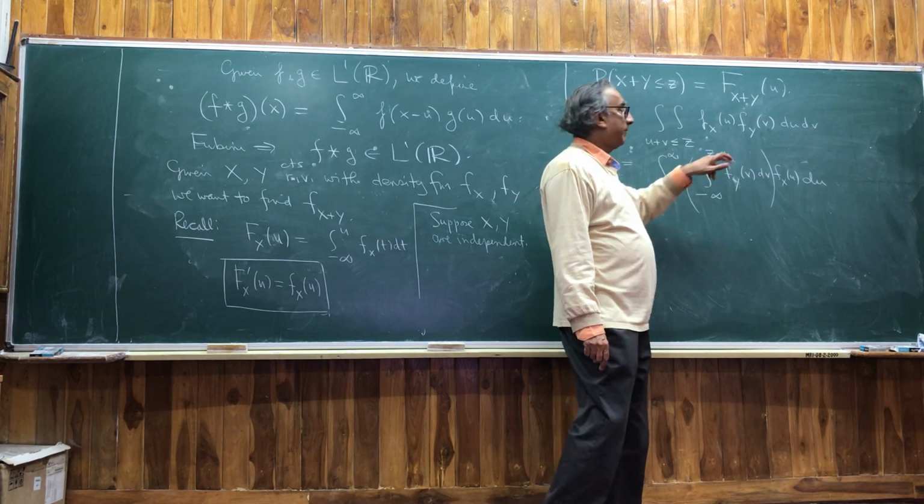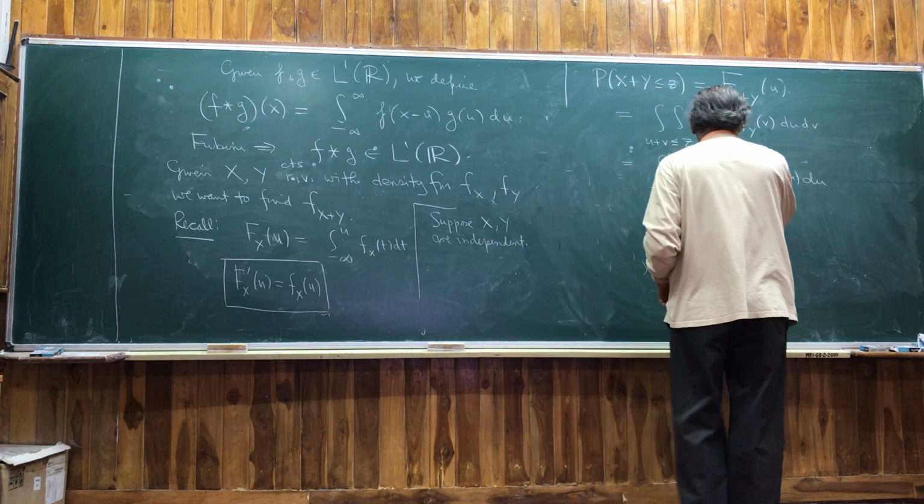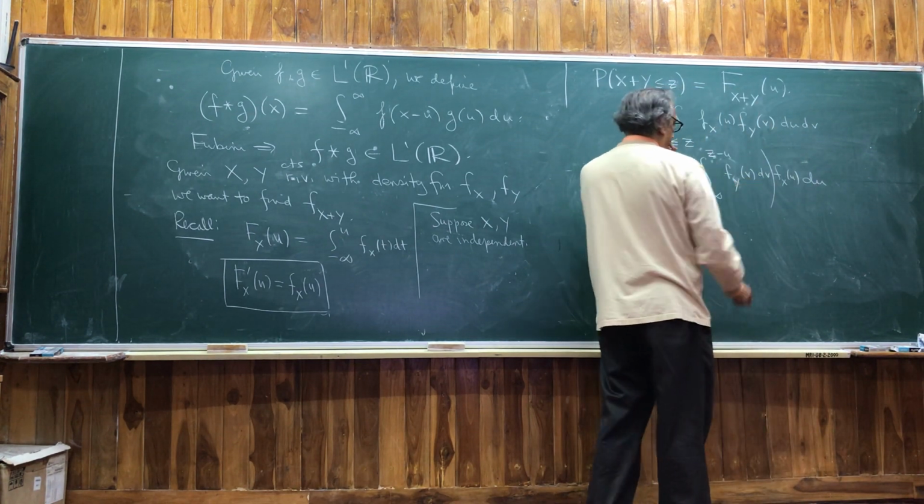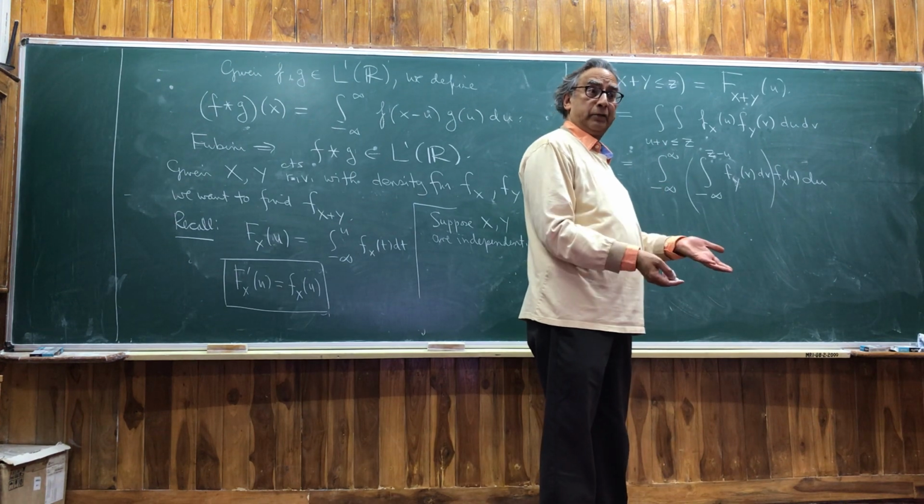Fair enough? Now I want to remove this z minus u. The argument v is going from minus infinity to z minus u.